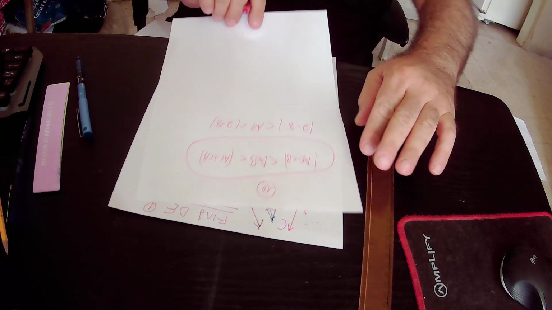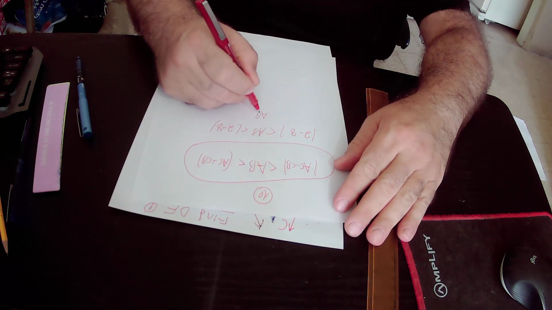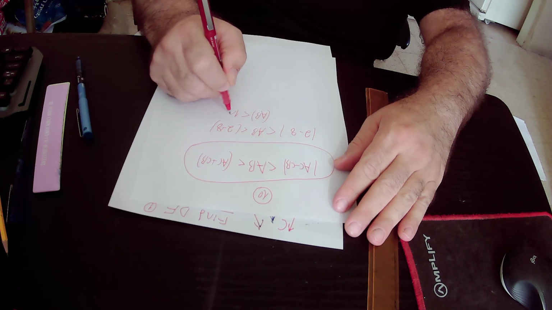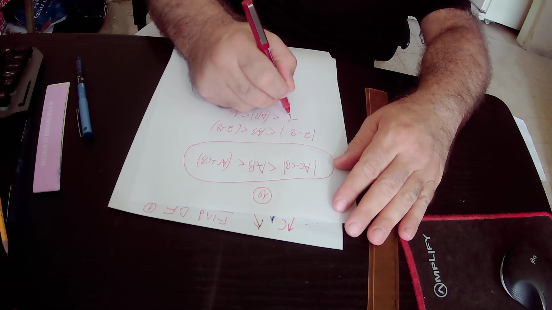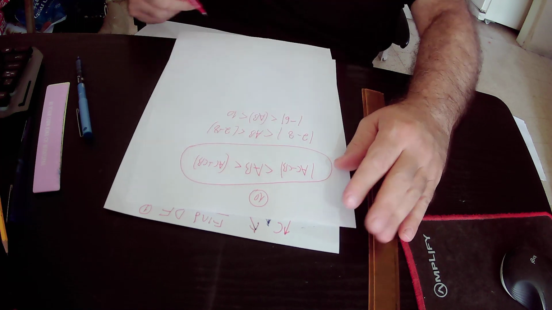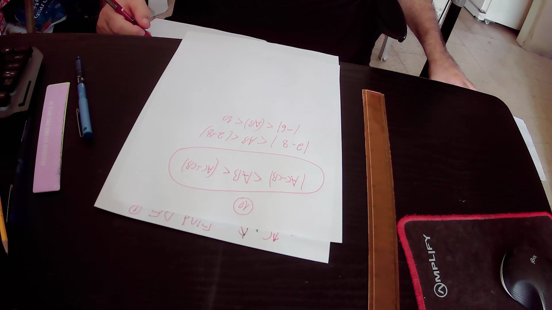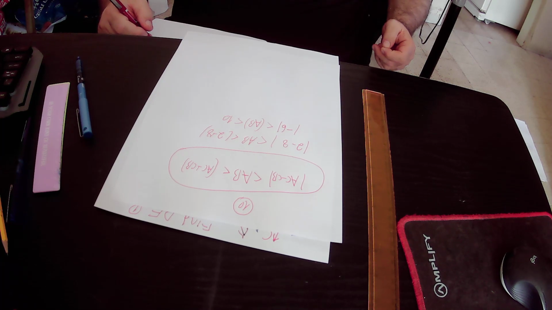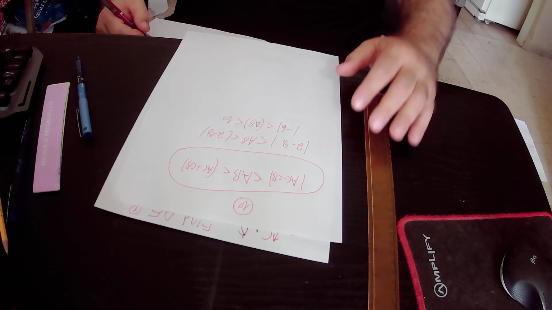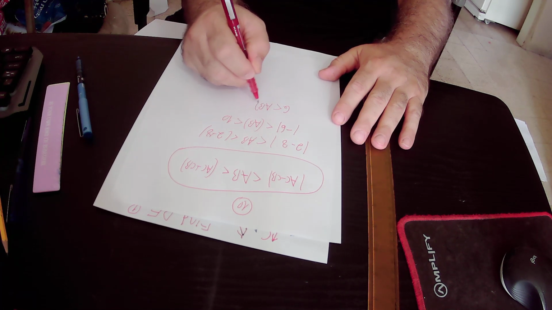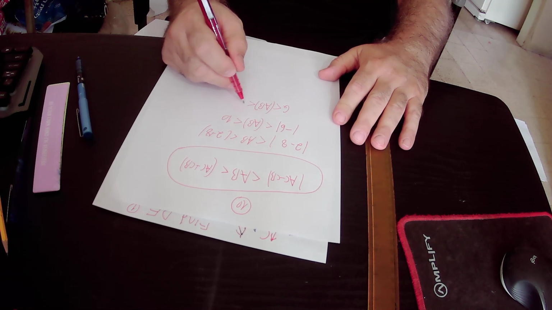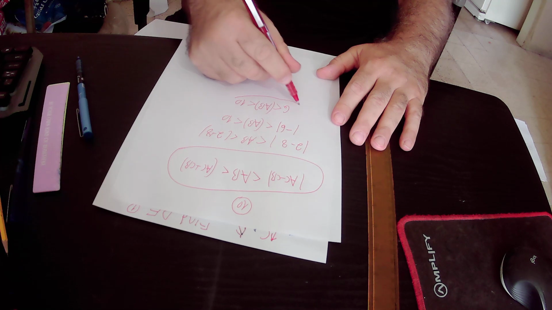Or AB is smaller than 10, and it is bigger than the absolute value of minus 6. 2 minus 8 is minus 6. The absolute value of any number is the distance of the number from 0. The distance of minus 6 from 0 is 6 units. Therefore, the absolute value of minus 6 is 6. So we got that AB is smaller than 10 and it is bigger than 6.